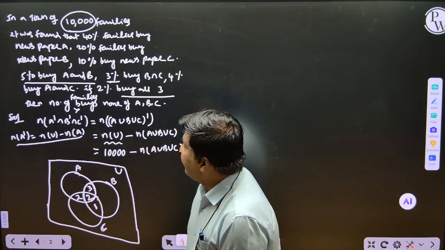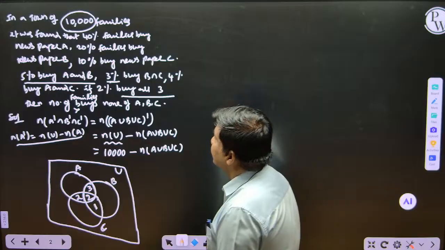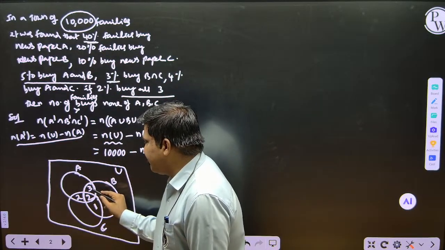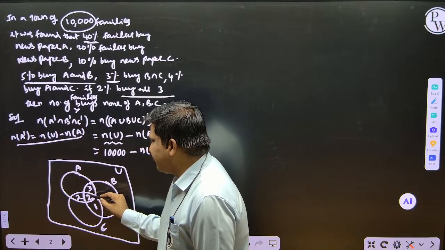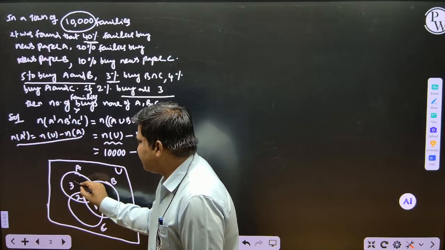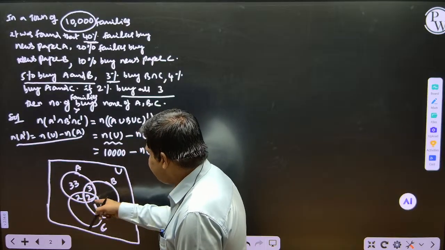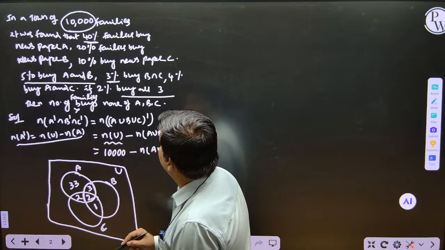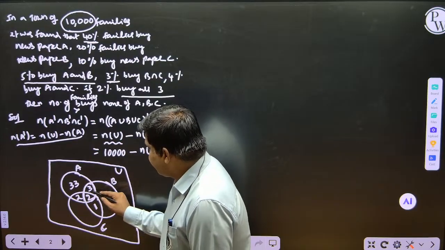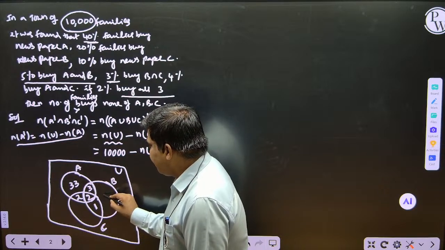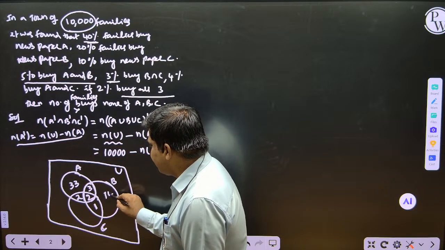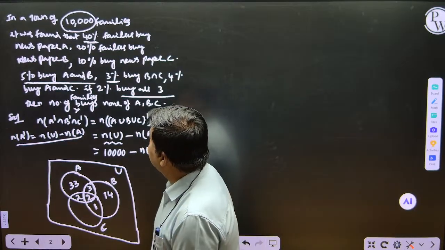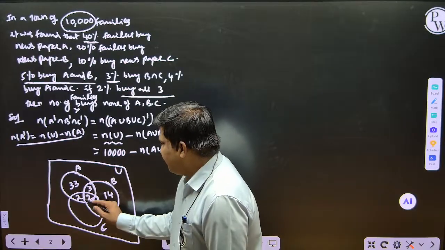Next, total A: 40% of families buy newspaper A. So leaving this part, 3, 2, 2 is 7, so 33. For B it is 20%: 3, 2, 1 is 6, so delete 6 and 14 is left. Next C is 10%: 2, 2, 1 is 5, so 5 is left.